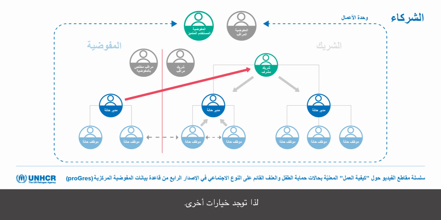And so there are some other options. There is the ability to have a partner monitor, so a monitor that the partner can use to do their quality assurance and their analysis just for the partner data. And then there can be a UNHCR only monitor. So that UNHCR monitor would be able to do the same thing for the UNHCR files.